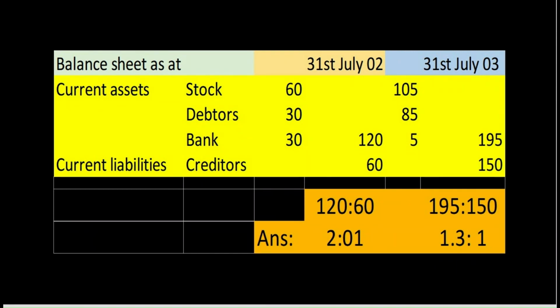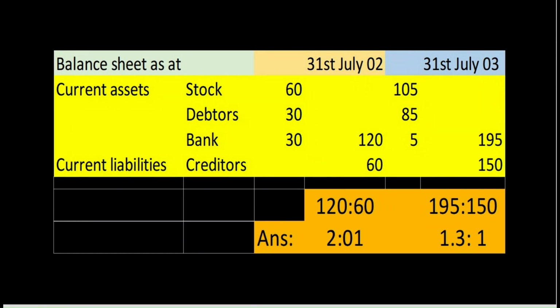That is 120 is to 60, which gives a ratio of 2 is to 1. In the second period, that is 195 is to 150, which gives a ratio of 1.3 is to 1. Answer, therefore, is a ratio of 2 is to 1 and a ratio of 1.3 is to 1.